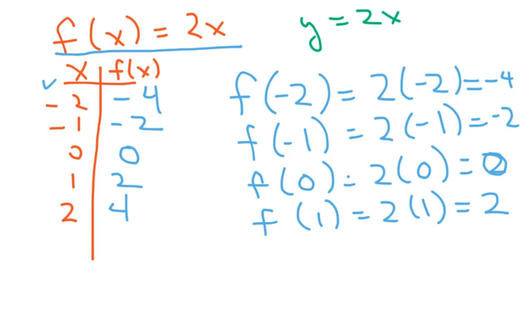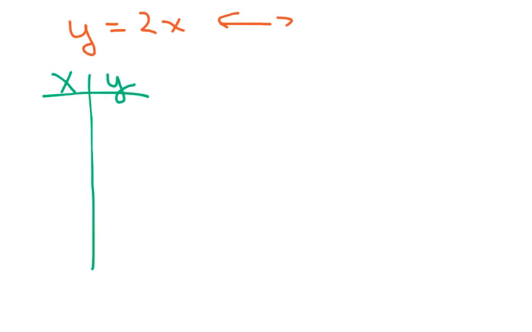Okay? Now, do you all remember how you find the inverse functions? What you first do is switch the x and the y. So I'm going to take this function and switch the x and the y. So we get x equals 2y.